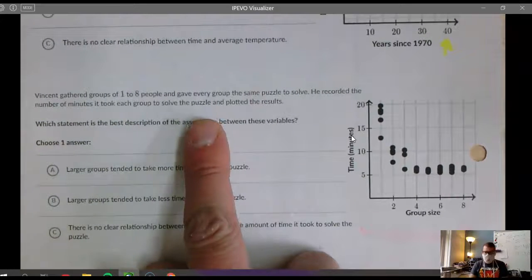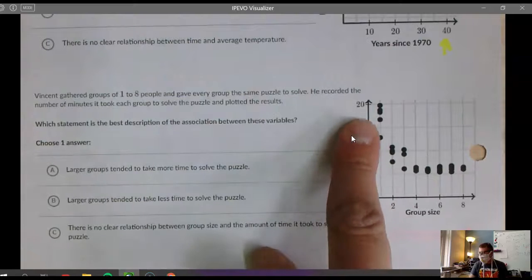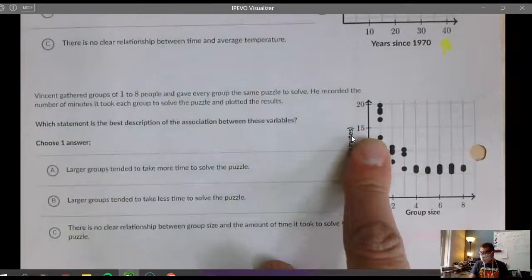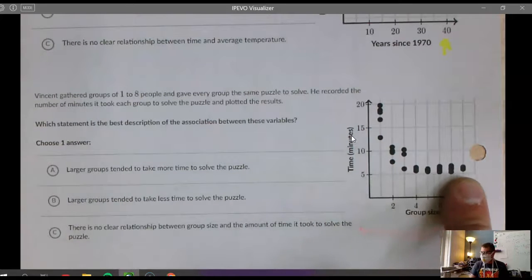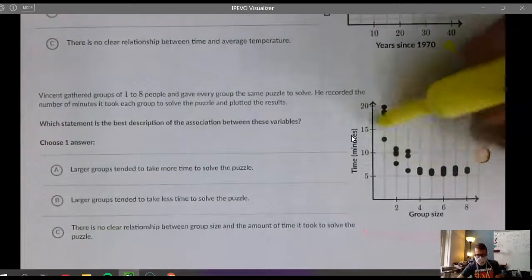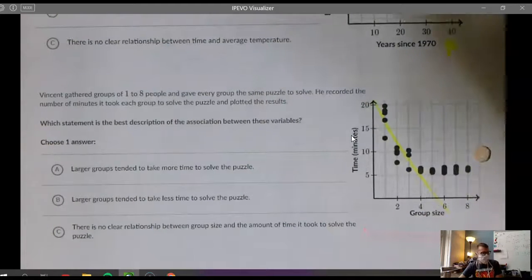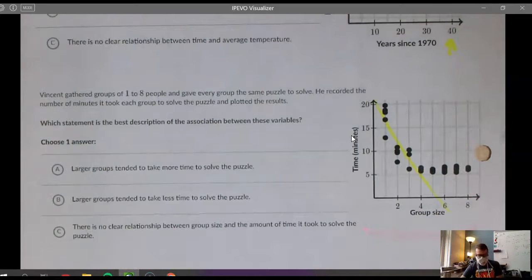So they're trying to solve these puzzles with 2 people. Not super fast. With just 1 person, it took them a while. But as you get more people in your group, could this behavior continue in a line? Could it take a group 0 minutes? No.